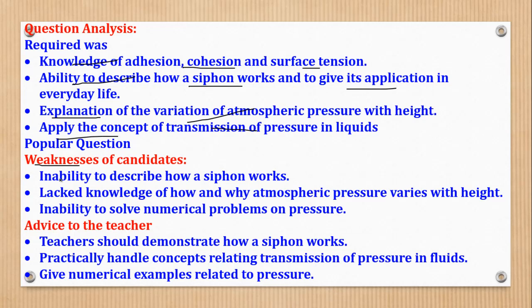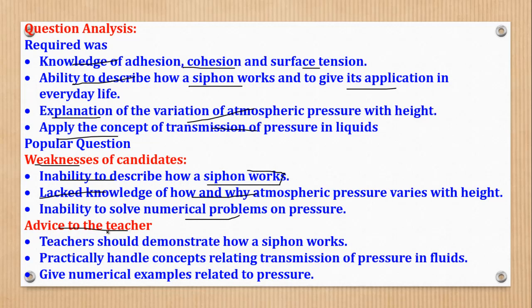So the weakness is inability to describe how a siphon works. Then lack of knowledge on how and why atmospheric pressure varies with height, and inability to solve numerical problems on pressure.